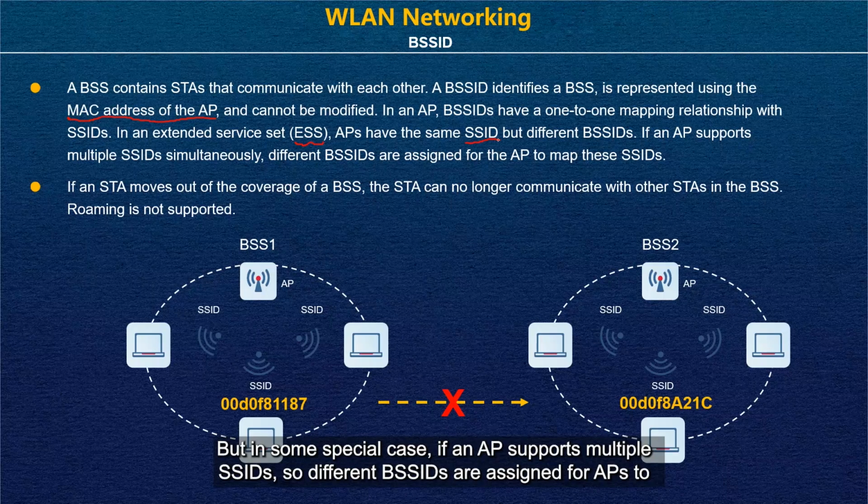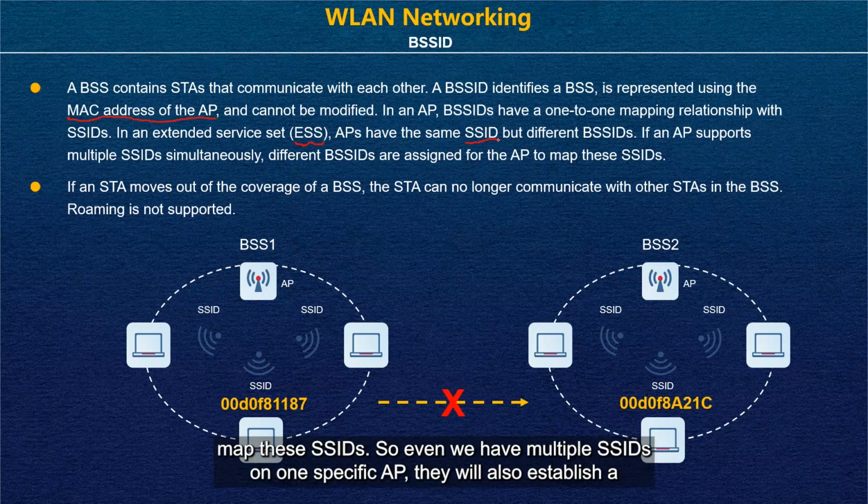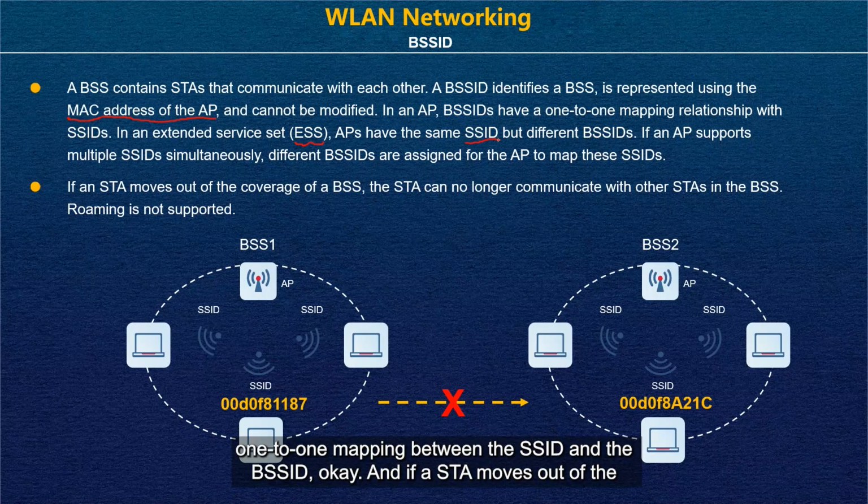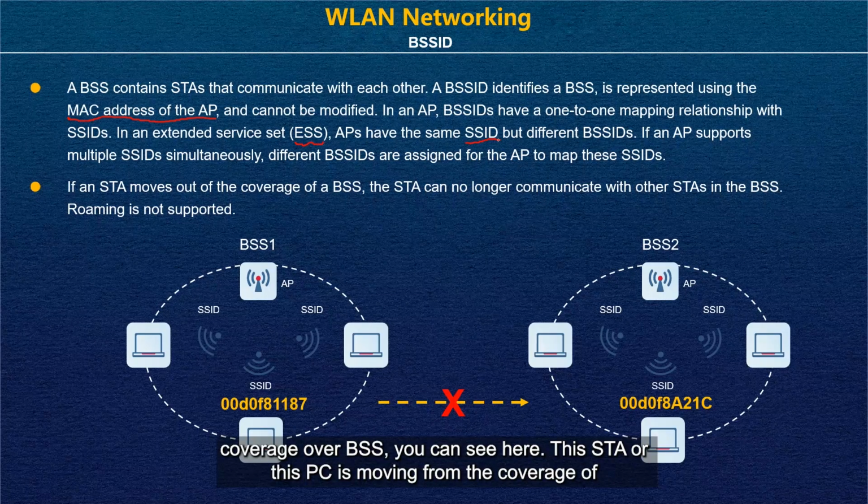But in some special cases, if an AP supports multiple SSIDs, different SSIDs are assigned to the APs to map these SSIDs. So even if we have multiple SSIDs on one specific AP, they will still establish a one-to-one mapping between the SSID and the BSSID.